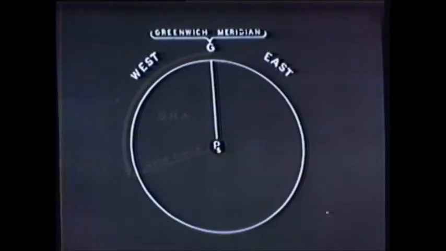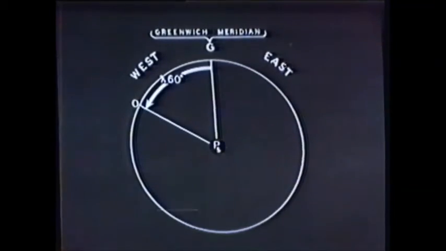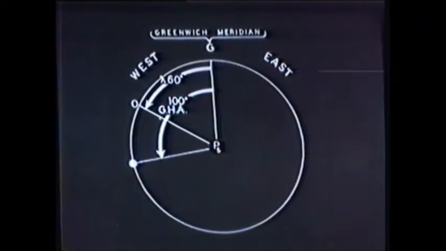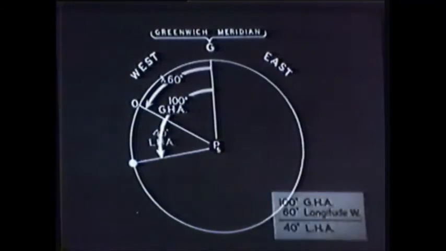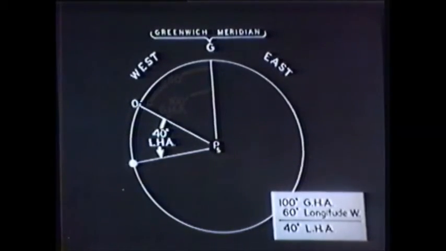To compute the local hour angle, let us assume that we are in longitude 60 degrees west. The sun has a Greenwich hour angle of 100 degrees. It can be seen that the local hour angle is equal to 100 minus longitude 60, or 40 degrees.